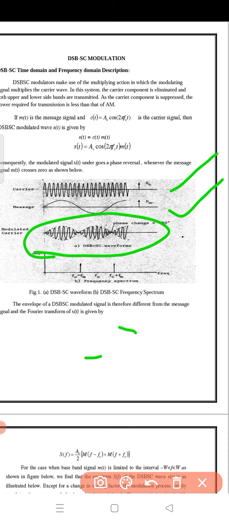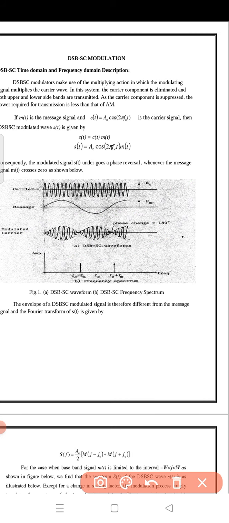In the AM wave, there is no phase reversal at the zero crossings. What is the meaning of zero crossing? Here you observe the message signal.